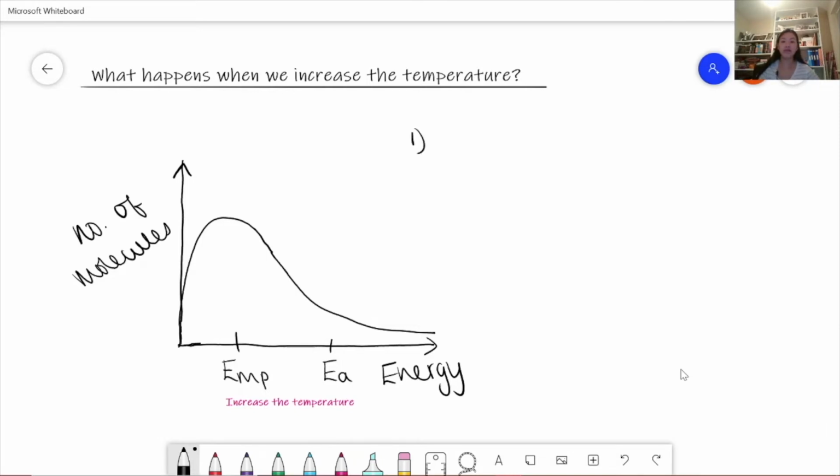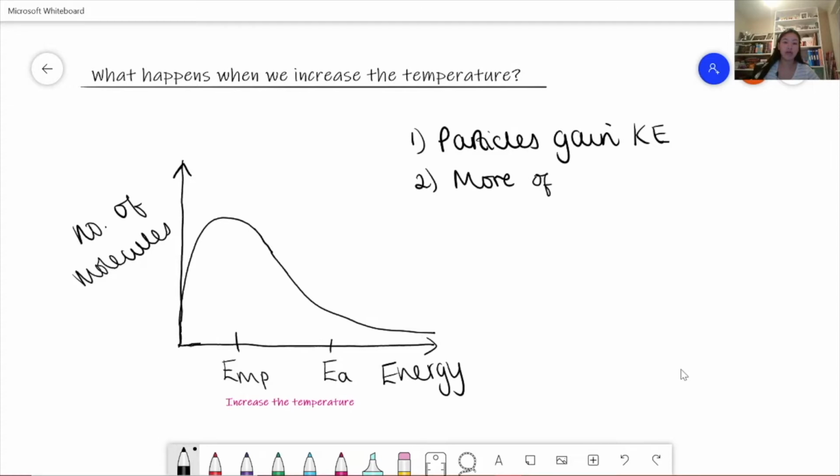So number one, all the particles are supplied with more energy. So all the particles gain kinetic energy. And this means that because they gain kinetic energy, more of them actually possess the activation energy required for a successful collision.